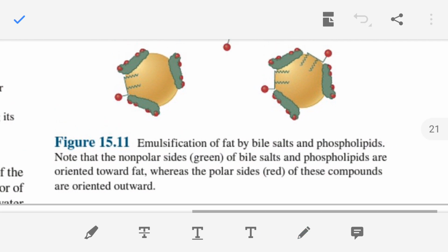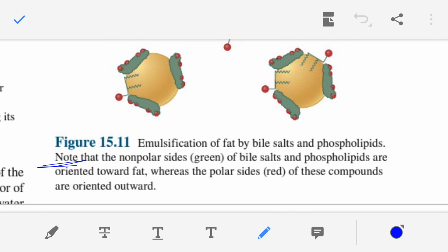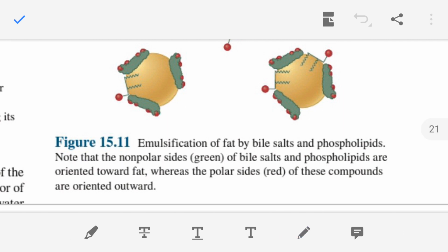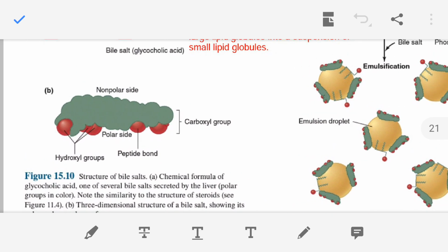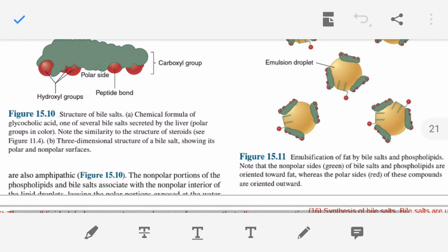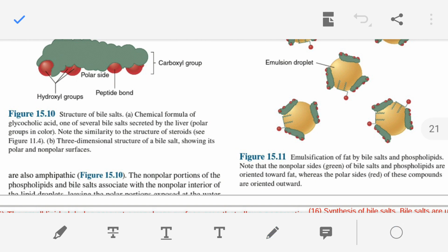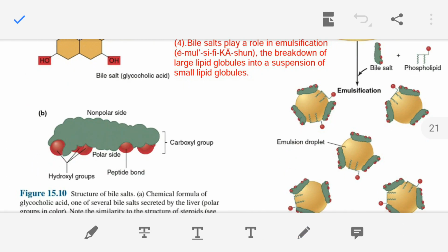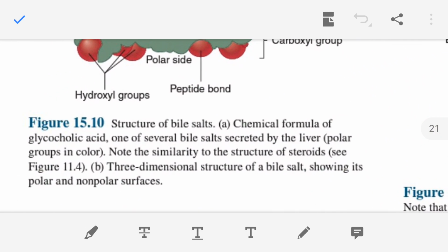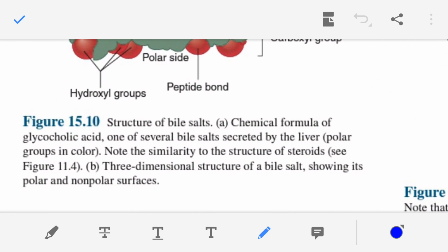Now what are they saying, the non-polar side. First of all, for this we need to understand the structure of bile salt. We need to understand this figure, the structure of bile salt.